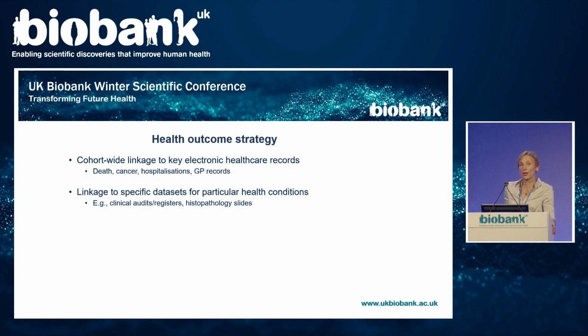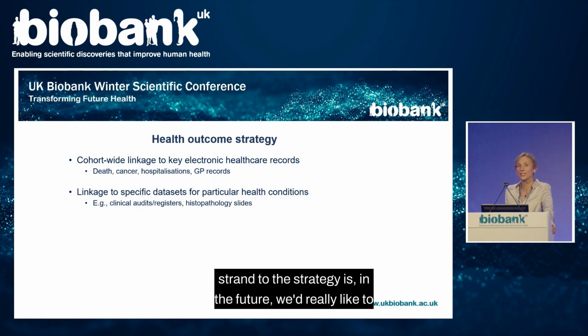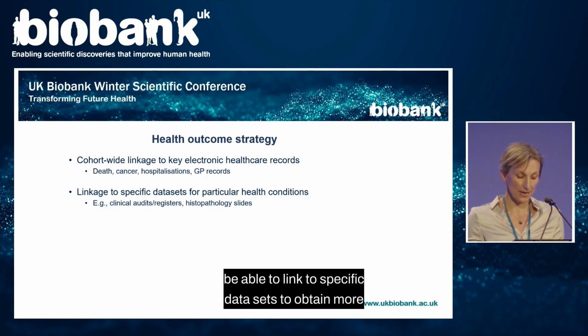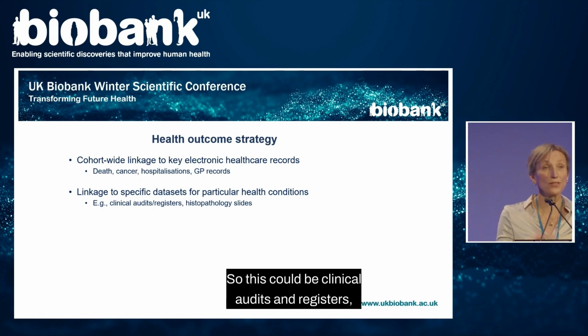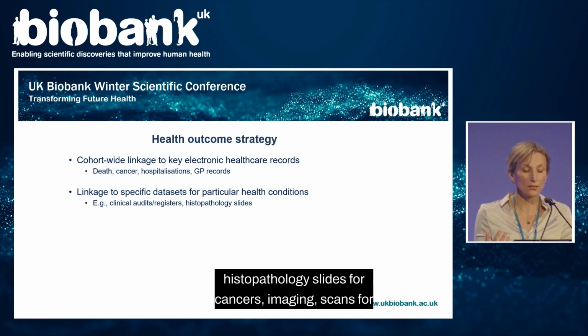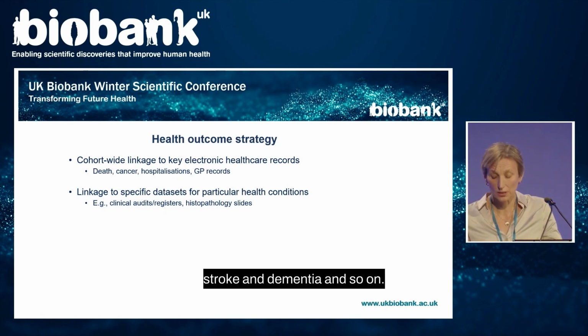The second strand to the strategy is, in the future, we'd really like to be able to link to specific data sets to obtain more granular information on particular health outcomes. So this could be clinical audits and registers, histopathology slides for cancers, imaging scans for stroke and dementia, and so on.